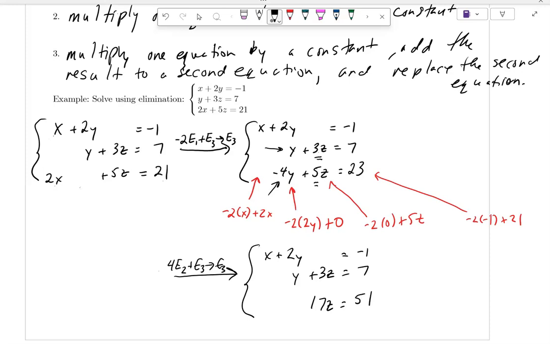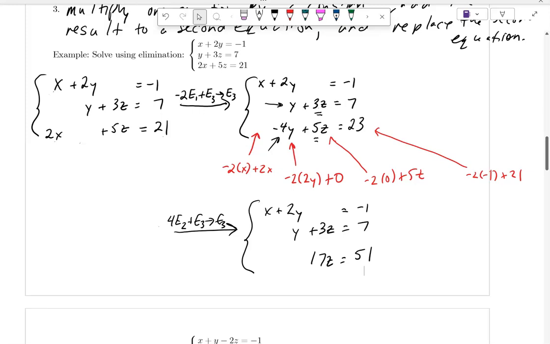Good. Again, you don't have to write this down if you don't want to, but it's just to point out where these numbers came from. This is 4 times 3z plus 5z. This is 4 times 7 plus 23.